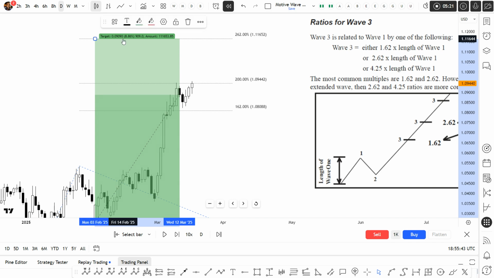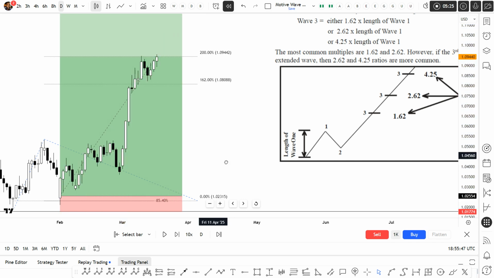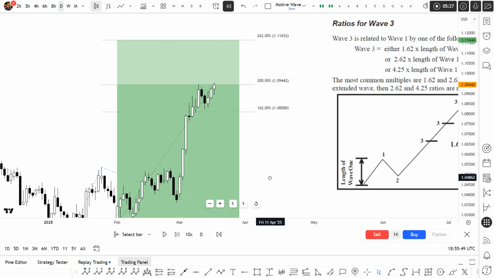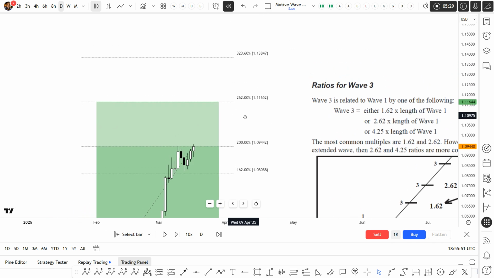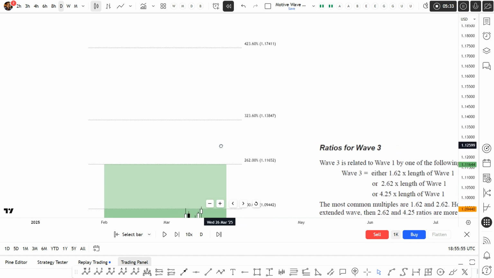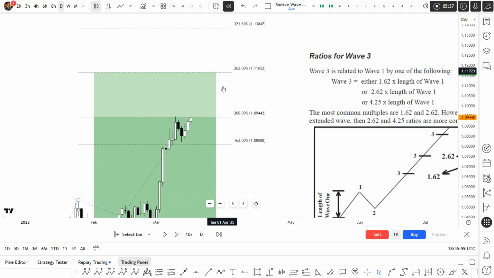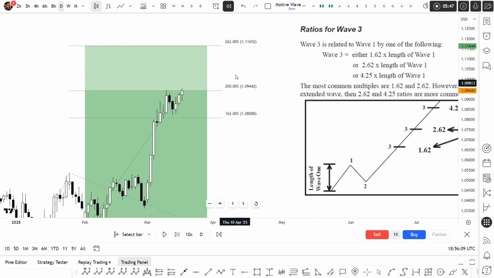So wave three can also get to this whole area here. It can also get to these levels there, but this is rare. The most common area where wave three usually ends is either at the 161.8% ratio or here or here. So these are the levels I usually use.